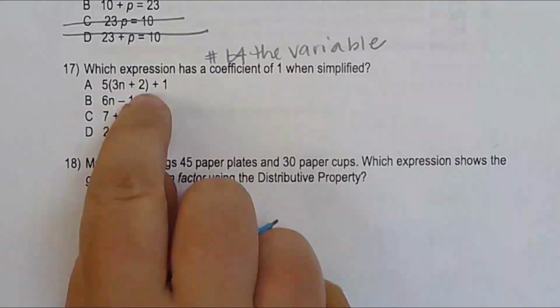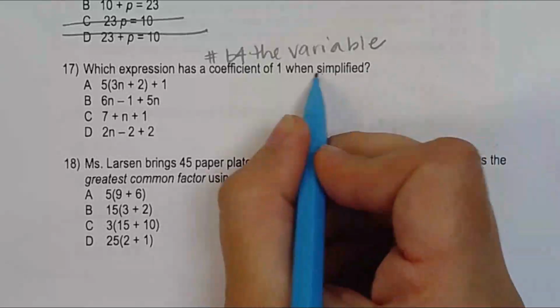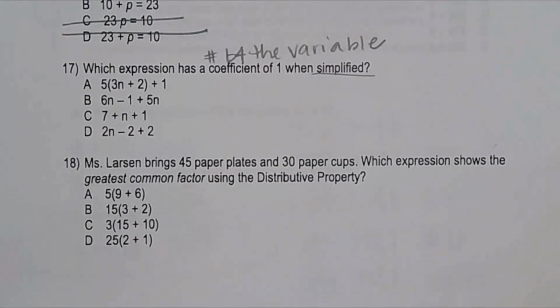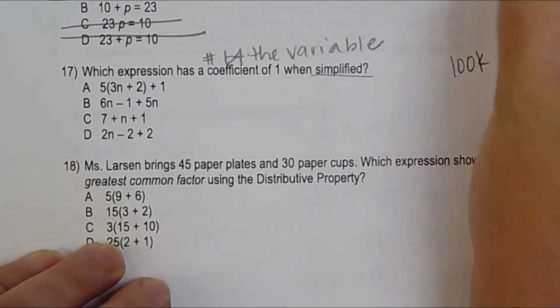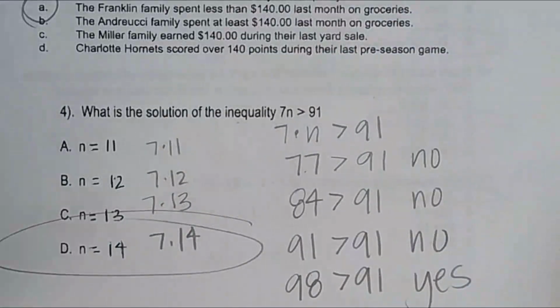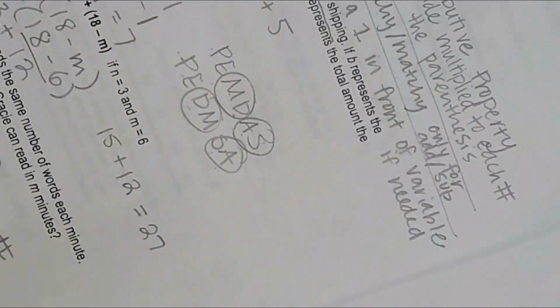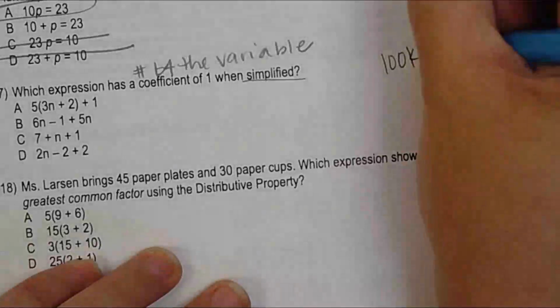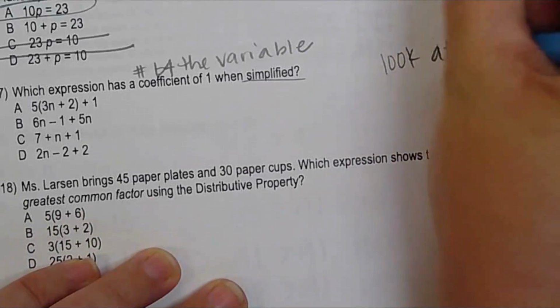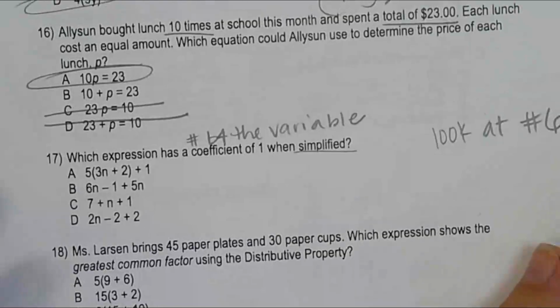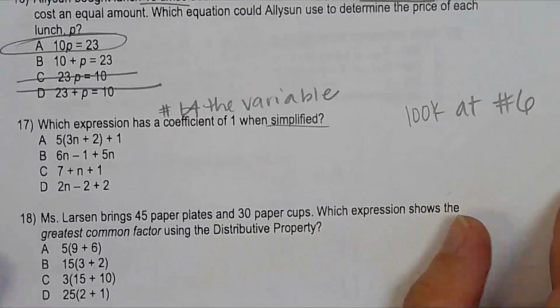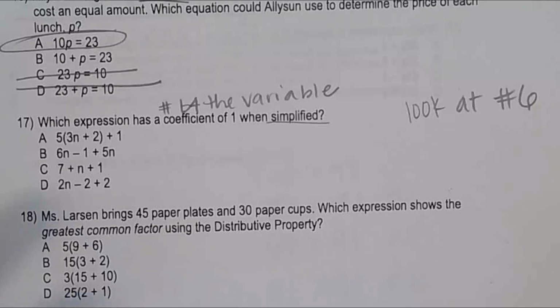But then when you looked at these, it says you have to simplify. You need to look back. Where were those notes at? What number was all those notes about matchy? 6. Look back at number 6 to remember those notes.